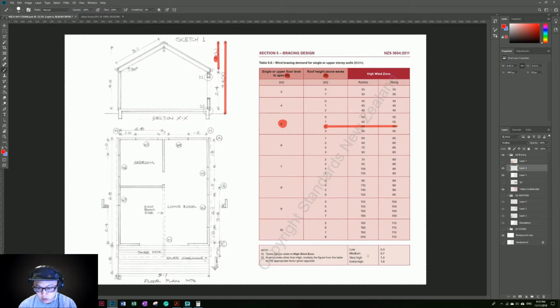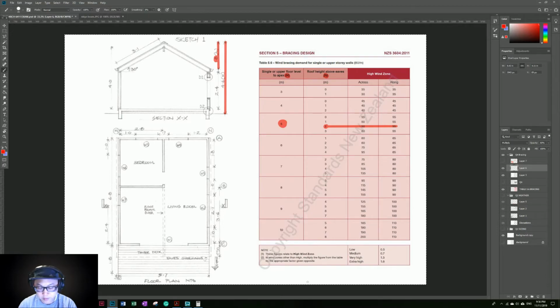And you have to check what the wind zone is. So I think it's a very high wind zone. Yeah, very high wind zone, so we need to multiply those values by 1.3.